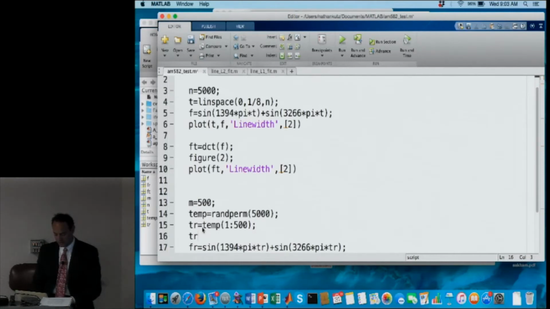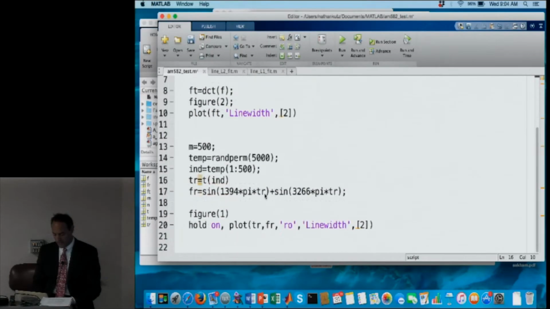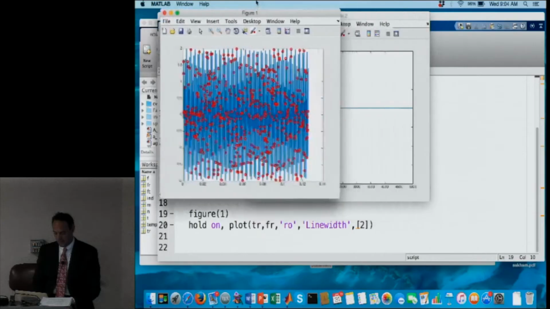TR, okay. What I want is TR is T at the indices, and FR is at TR. Okay. All right. There we go.